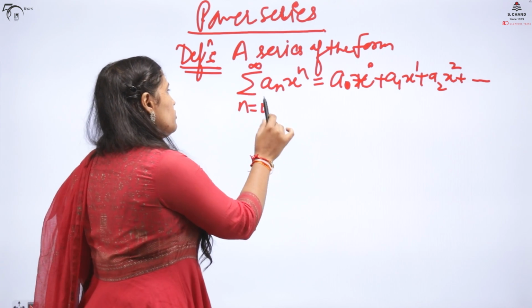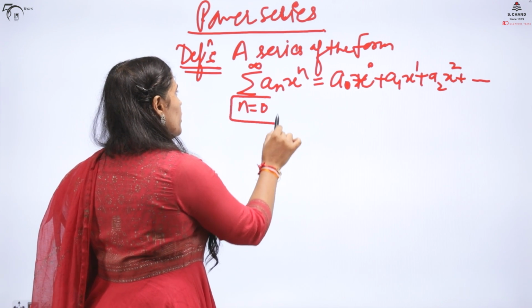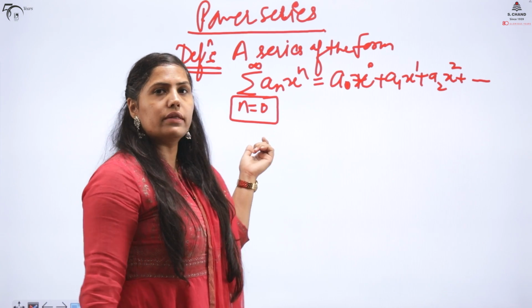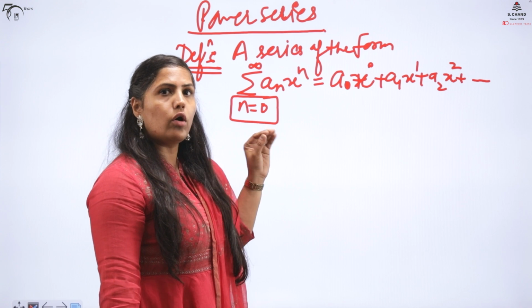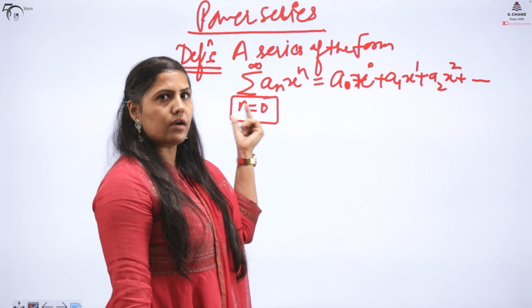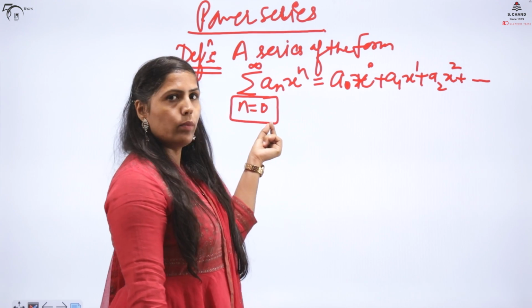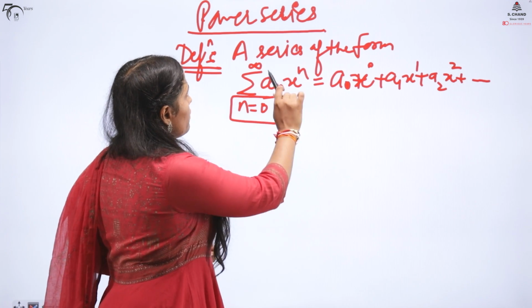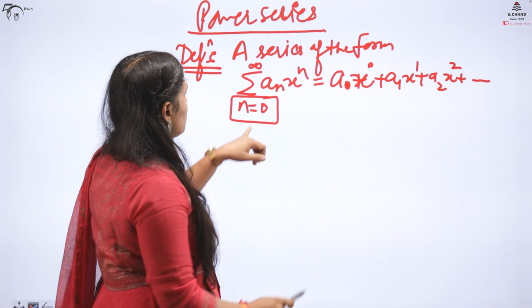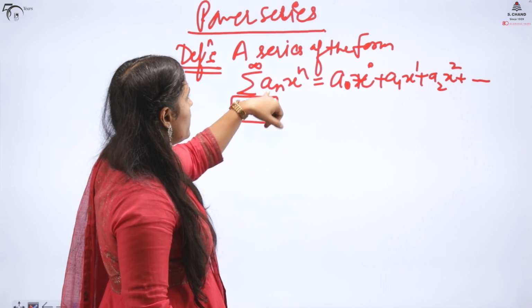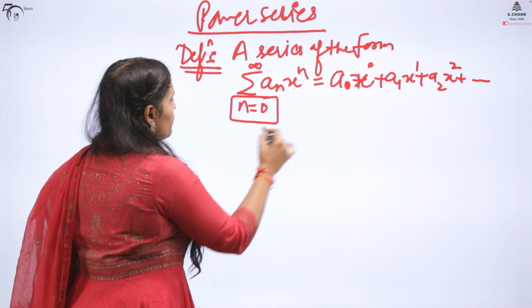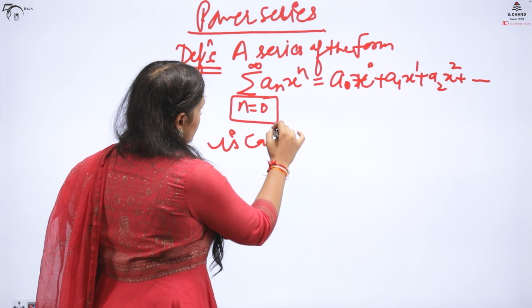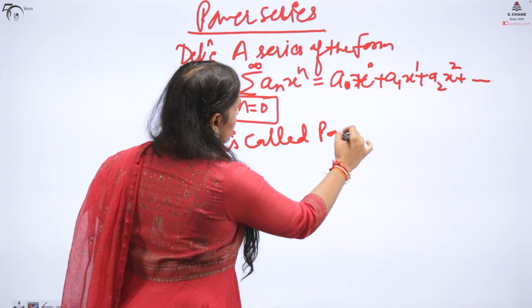Till now I was just starting my n from 1 to infinity. If you observed in the last lectures, I was starting my n from 1, or for the log series I was starting it with the value 2 because log 1 was 0. So for a power series, if you are starting with n from 0 to infinity and it is in this power kind of form, a series of the form is called a power series.